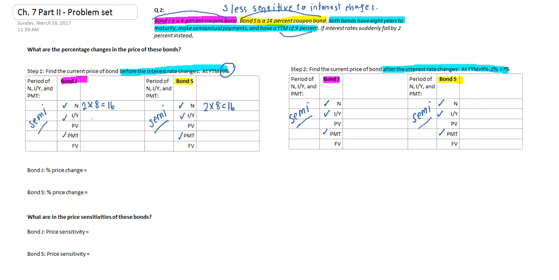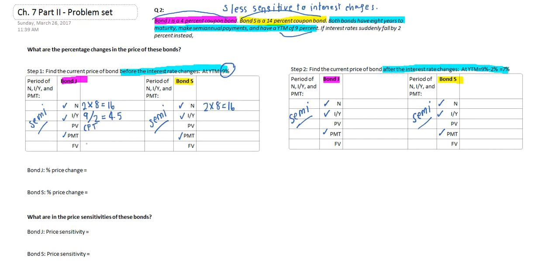And then IY will be the current market interest rate, which is 9%, but that 9% is for the whole year. So to make it semi-annual, you divide by 2, so we have 4.5% for IY. PV is what we need to compute.